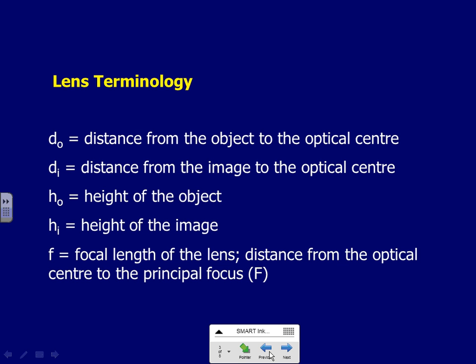One other thing. What if the magnification is greater than 1, like 1.2 or 2.5 or 15? What does it tell us about the size? It's greater than 1. Yep. The image is bigger.